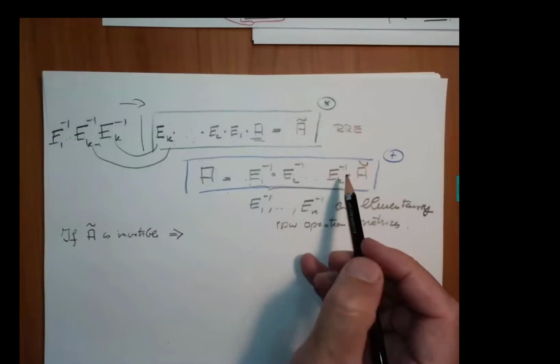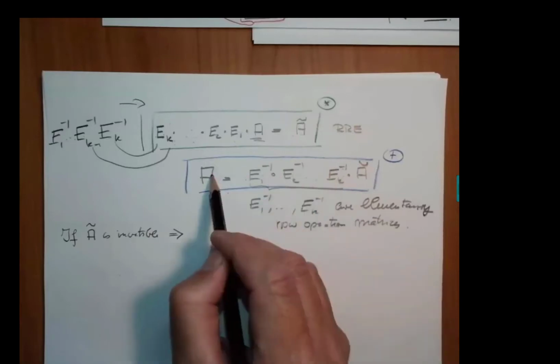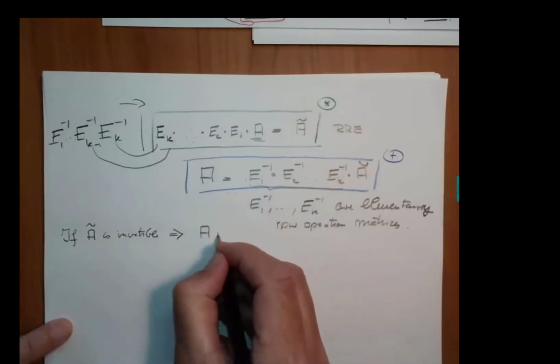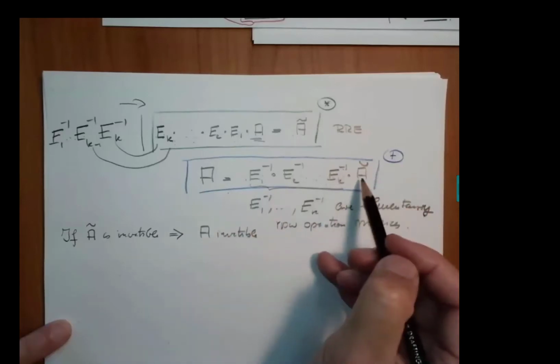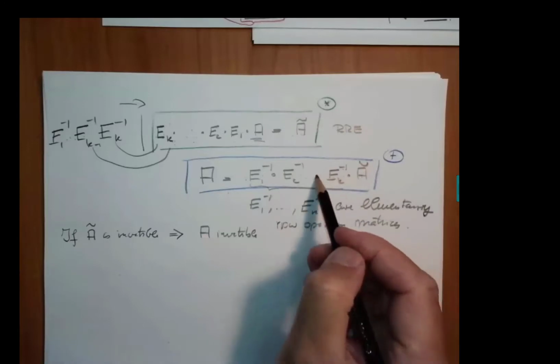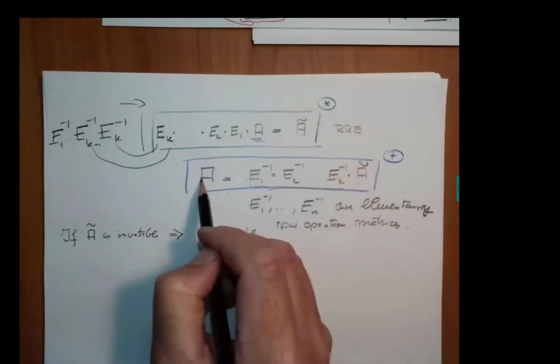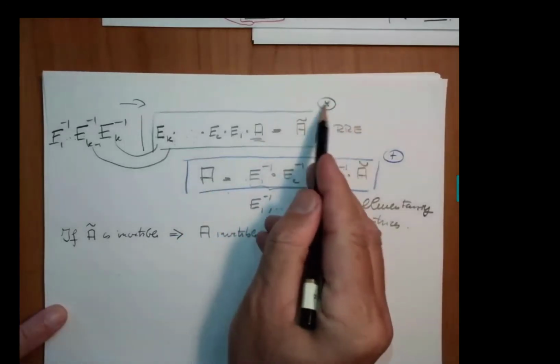So from this equation, one invertible matrix after another, and we know all these are invertible anyway, then A is invertible. Now we look at equation star.